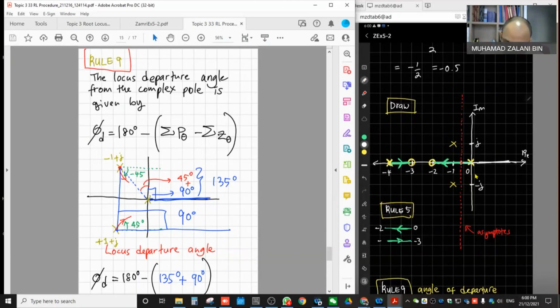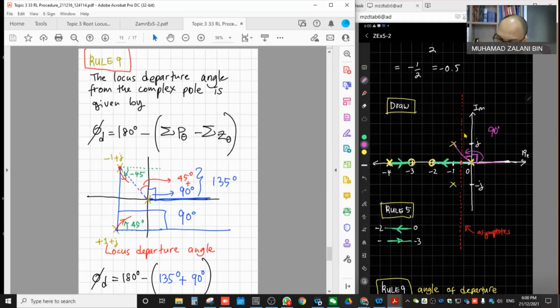let me show you using a different color here. The first angle is from the -1 plus j location to the first pole at 0 location. So that is the first angle. We know that this angle is 45 degree because this location is -1 plus j, so it is half of 90 degree, right? This small angle is 45, and another angle here is 90 degree.